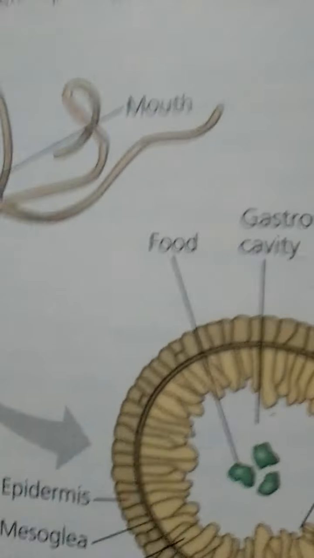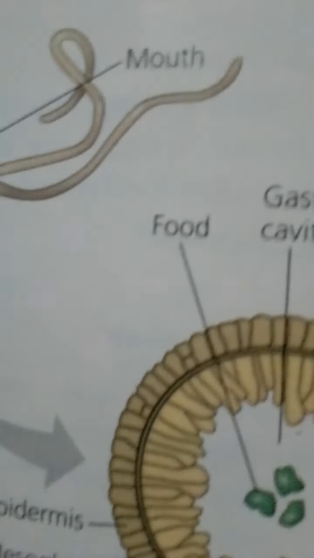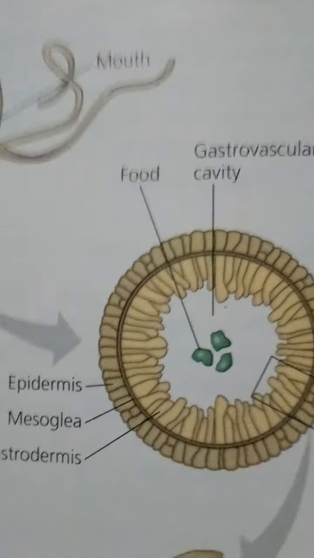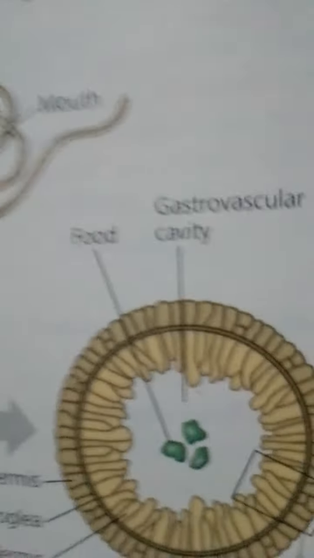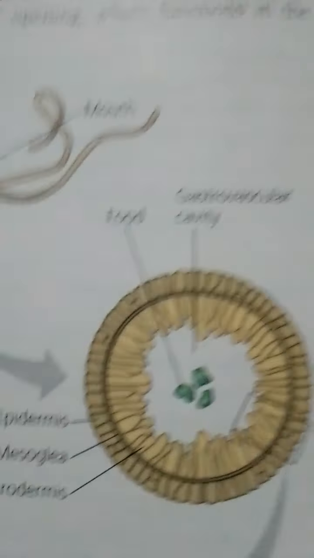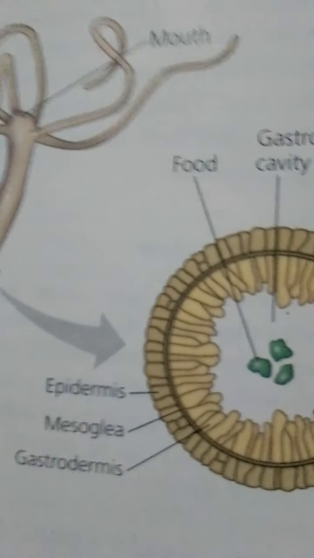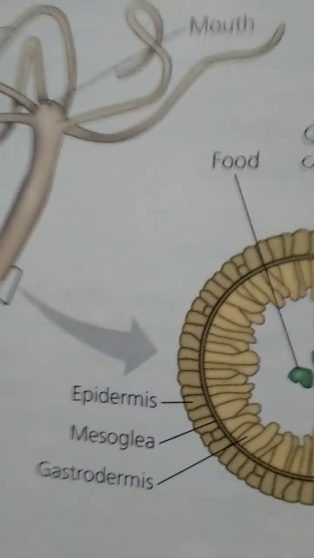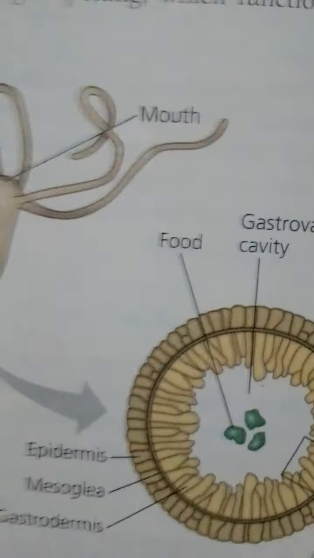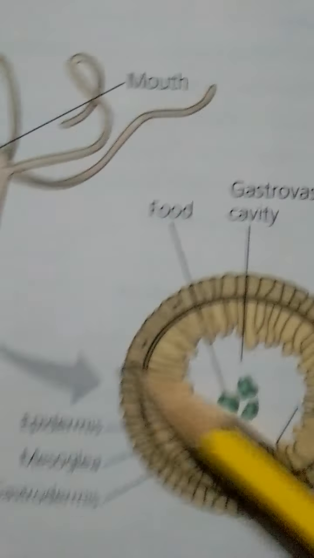The cnidarians called hydras provide a good example of how a gastrovascular cavity works. Hydras are carnivores that capture prey with specialized organs called cnidae, and then use tentacles to stuff the food through their mouth into their gastrovascular cavity, as shown in this figure. Specialized gland cells of the gastrodermis, the tissue layer that lines the cavity, then secrete digestive enzymes that break the soft tissues of the prey into tiny pieces.